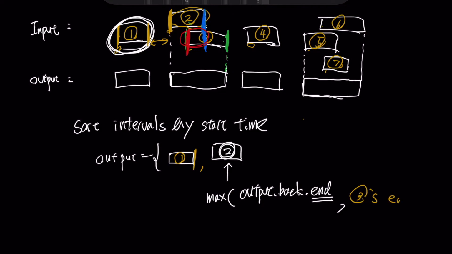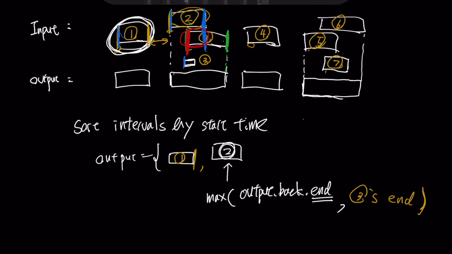3's end, right? So why am I using a max function? Imagine if we have, let's say, 3, but it's actually a small interval. But how we check each interval is by starting time, right?